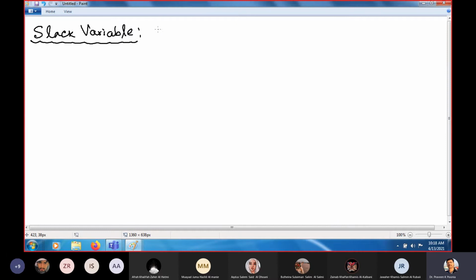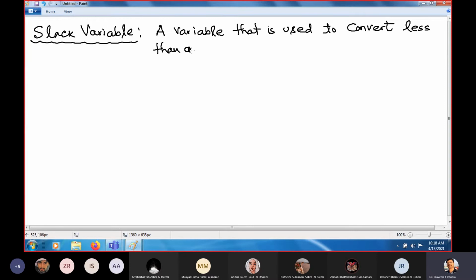So what is a slack variable? A variable that is used to convert less than and equal to, this sign, into equal. Clear?